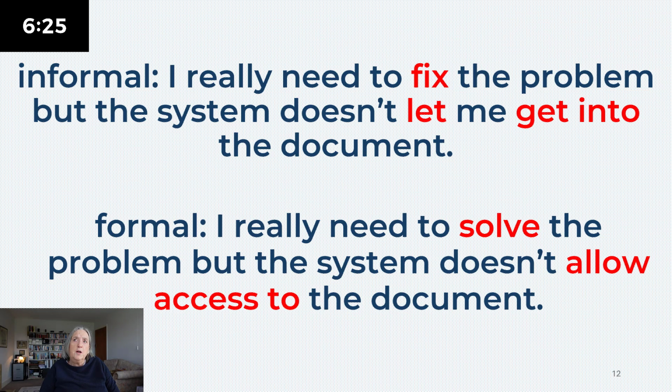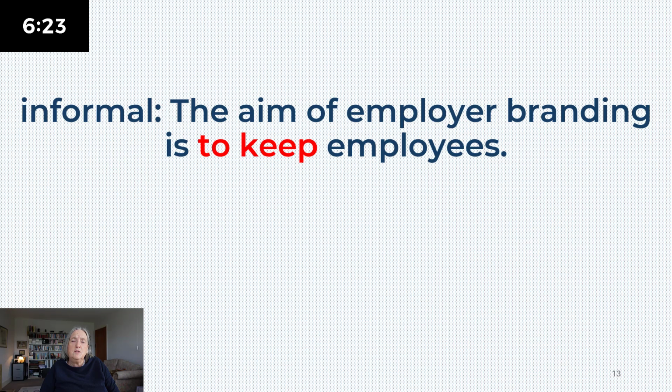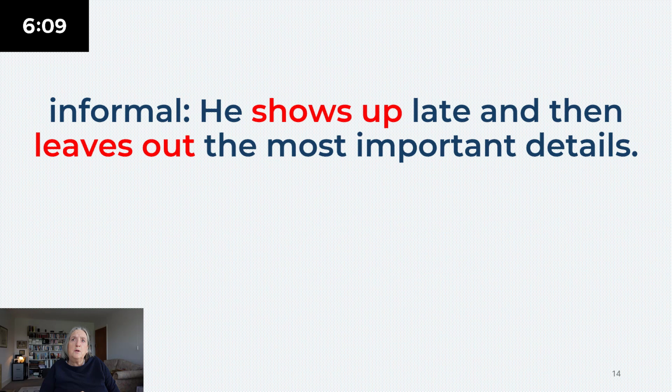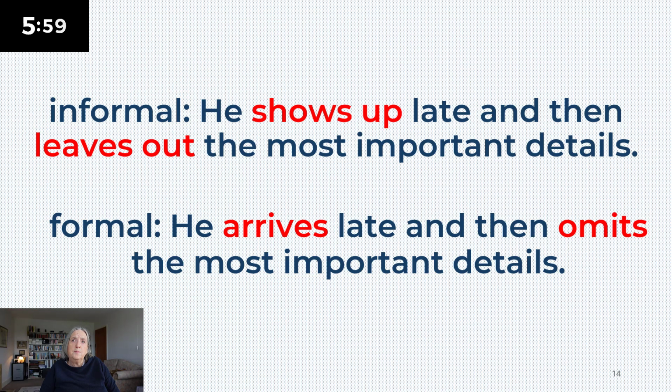The aim of employer branding is to keep employees. The aim of employer branding is to retain employees. He shows up late and then leaves out the most important details. He arrives late and then omits the most important details.